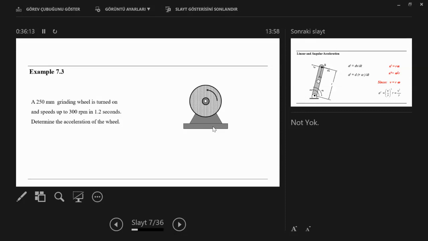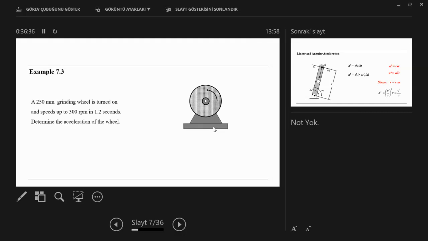So how can we calculate it? The angular acceleration is equal to d omega dt. So we have to calculate the omega first. How can we calculate the omega?